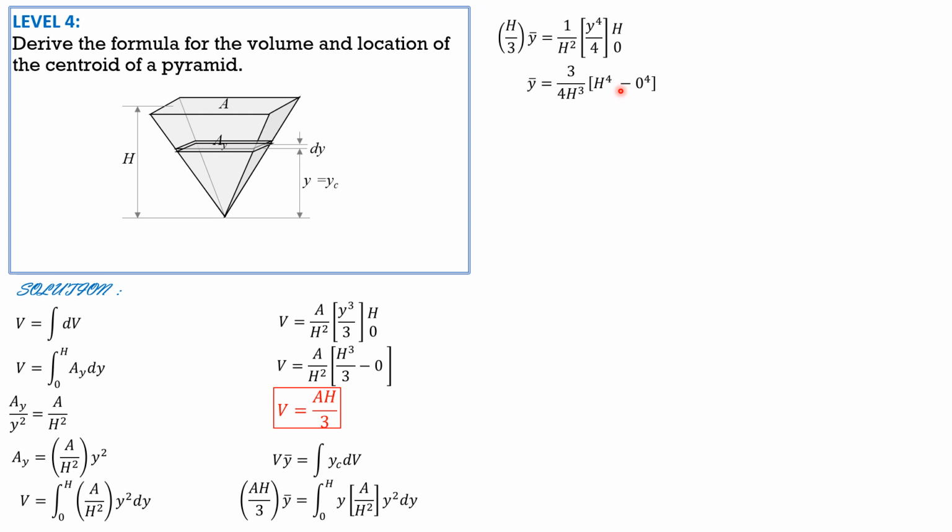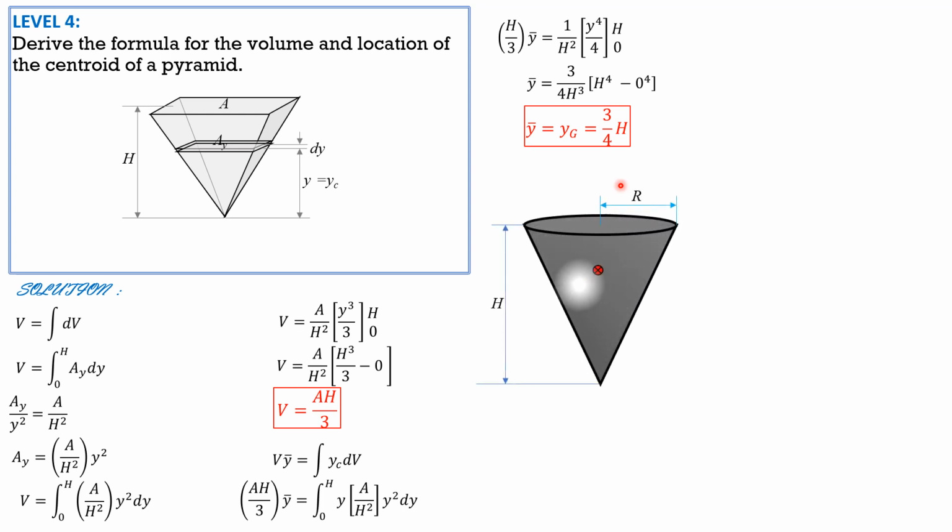This is H to the 4th. Cancel out H cube, so 3/4 H. So that verifies the formula in the beginning of this playlist for distributed forces and centroids, for volumes, areas, and lines or arcs. So we extend that to a right circular cone.